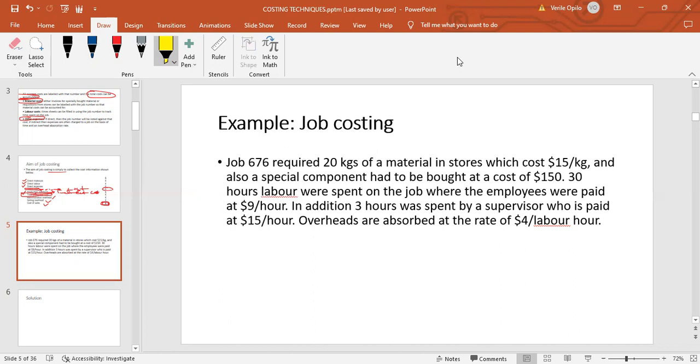A minute should be enough to read through the question, and then we discuss it and see how to compute the job cost. Computing the job cost is essentially adding up those costs. How much is the total materials? How much is the total labor cost? How much is the total expenses that the business is going to incur for that particular job?